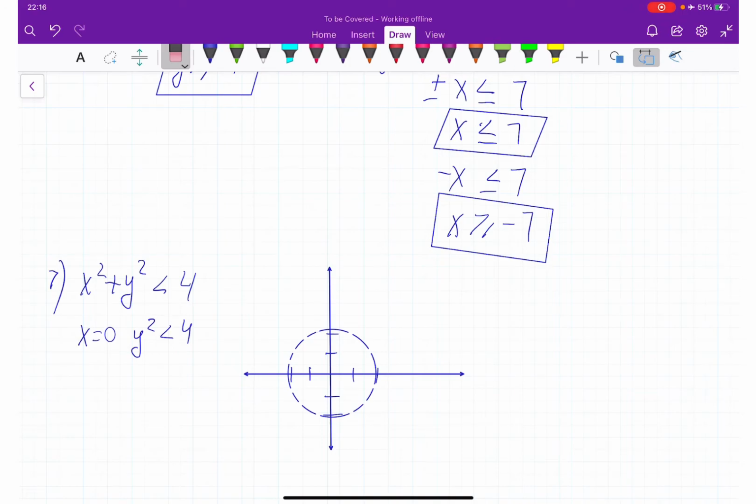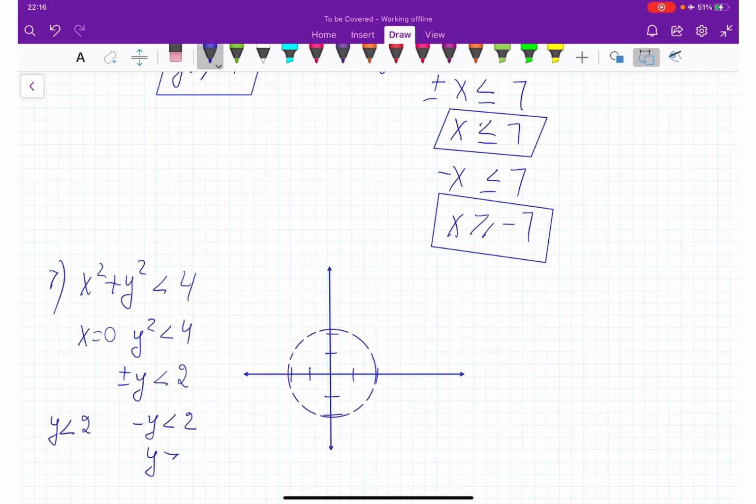So x is equal to 0, y squared is less than 4, which means plus or minus y is less than 2. So the first answer is y is less than 2. The other one, negative y less than 2, which means y is greater than negative 2. Remember, when you divide by negative 1, that flips the sign.